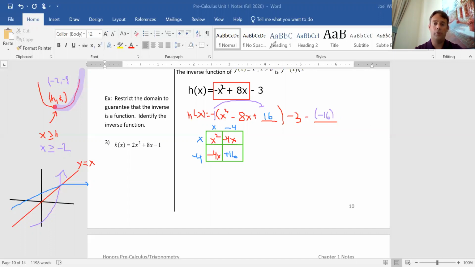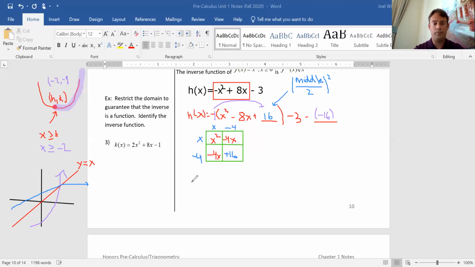So I told you there's a shortcut to figuring out these complete the square problems. This number right here, it's always going to be the middle term, the middle number. So whatever that middle number is, in this case, it was a negative 8. You can divide it by 2. That's where we got the negative 4 from. And then you square it.